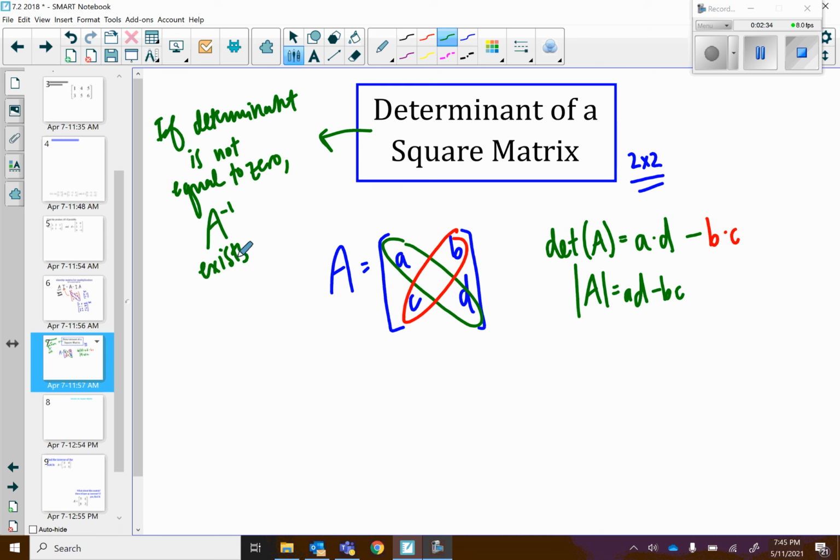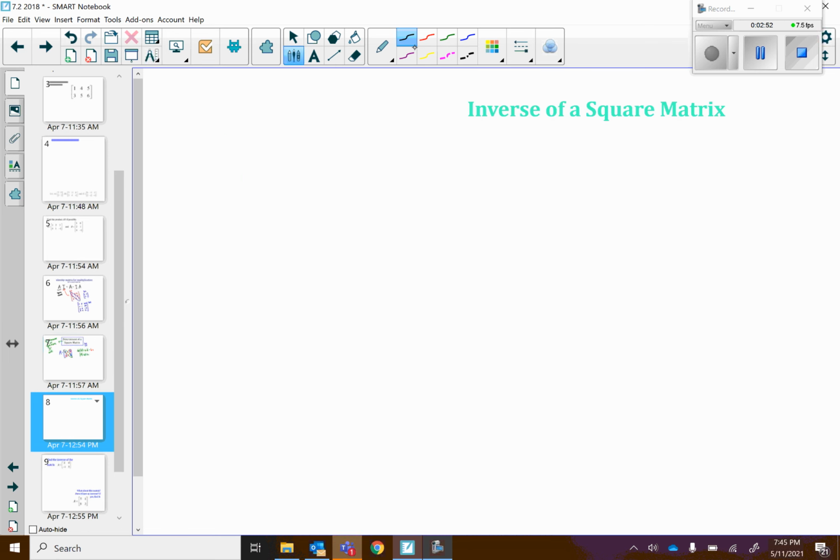Now we're building all these ideas. We're going to look a little more at them in 7.3, but each of these pieces, the identity matrix and the determinant of a matrix, will come into play when we look at solving equations in 7.3. Which brings us to the inverse of a square matrix.